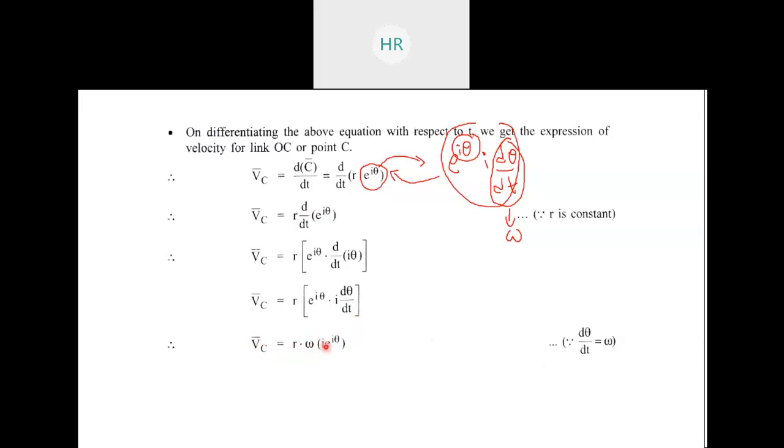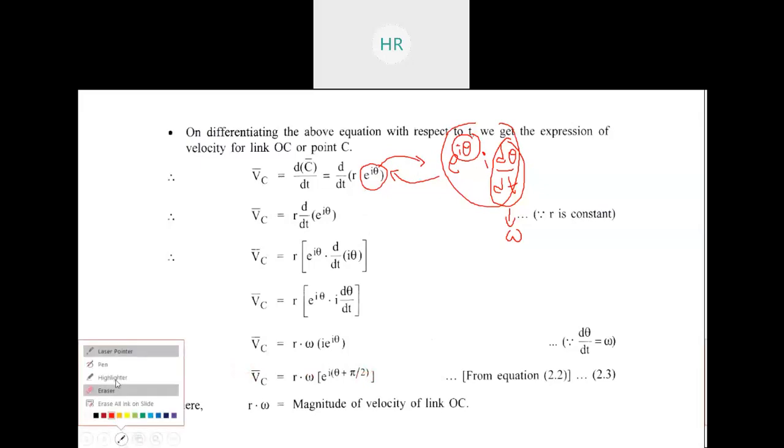And this property જે આપણે first slide માં discuss કરેલ છે, if this e raised to I theta is multiplied with I, then we can write it like this: theta plus pi by 2. Instead of I e raised to I theta, we can write e raised to I theta plus pi by 2. Okay. So આ equation આપણને ખ્યાલ જ છે કે velocity, linear velocity is equal to omega into r.